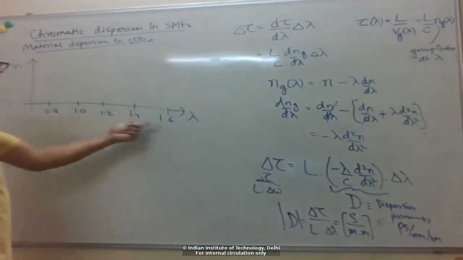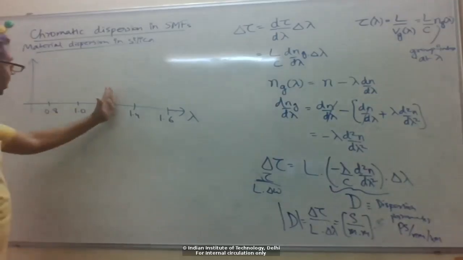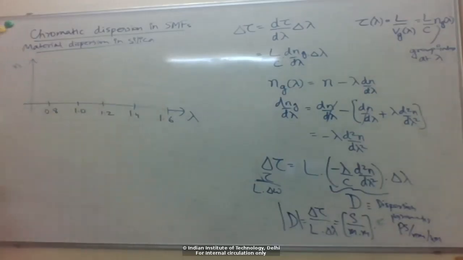Okay, so we plot the near infrared range, which is what is important for optical communications. Specifically, modern day systems use this range of wavelengths, as I said, 1.3 to 1.6.